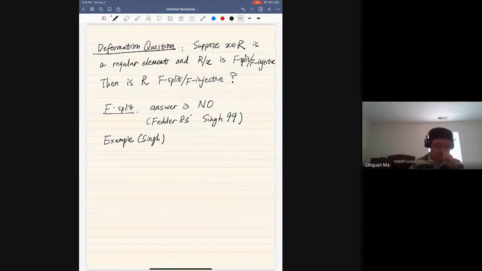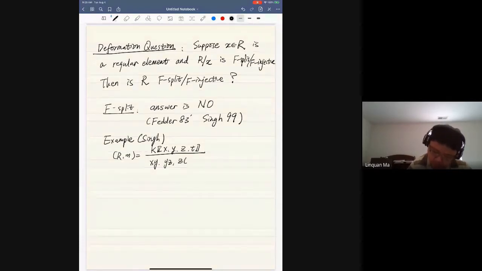Okay, so let me just mention the analogous example. You take R to be K double bracket X, Y, Z, T, and you go modulo XY, YZ, ZX minus T squared.